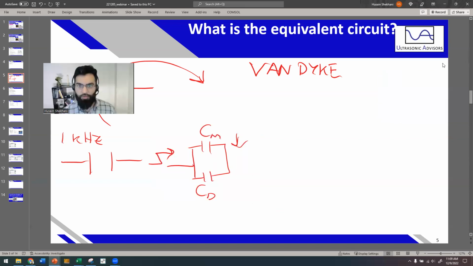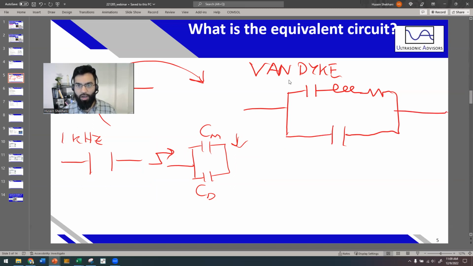Let me just move my video. That also splits the mechanical and electrical branches. We have an LCR circuit, so a capacitor, an inductor, and a resistor, and we have another capacitor here.